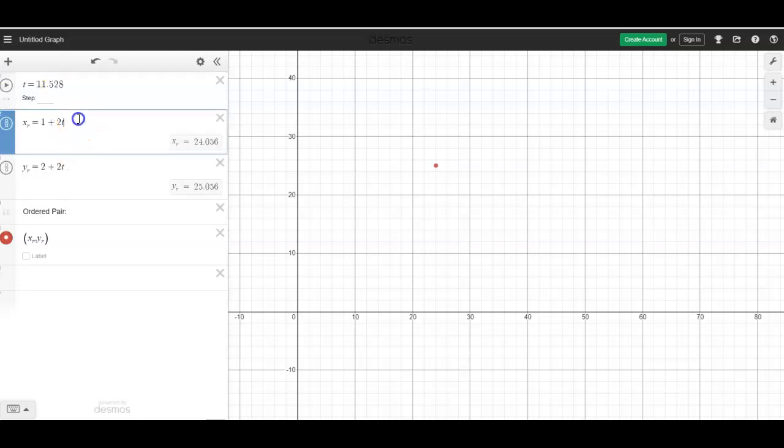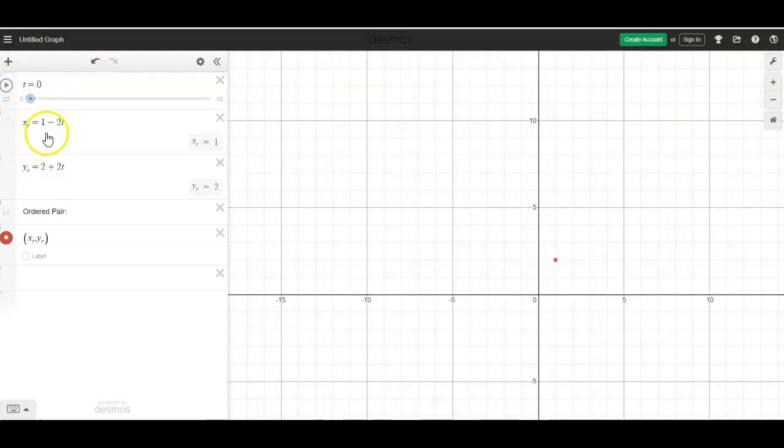We could also make this more interesting. What if we said that x sub r is equal to 1 minus 2t? So what would that look like for my slider? Let's go ahead and start this over. With the x component of the position being 1 minus 2t, when t is 0, we still start at the point 1, 2.